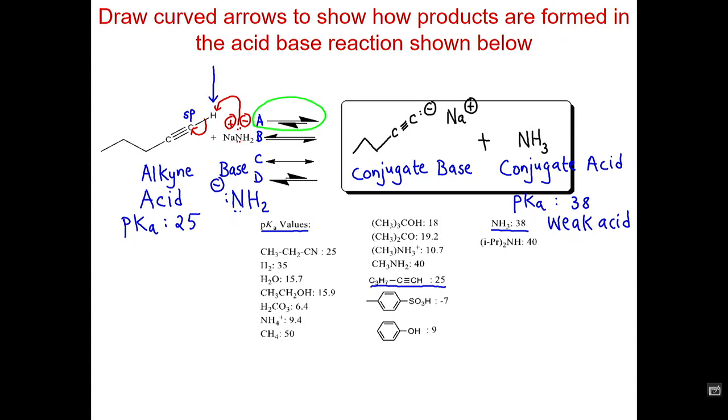To find the direction of equilibrium, we look at the pKa's of the acid and the conjugate acid. Equilibrium always moves towards weak acid. In this case, ammonia is a weaker acid than the starting alkyne, so we pick arrow A to show the direction of equilibrium.